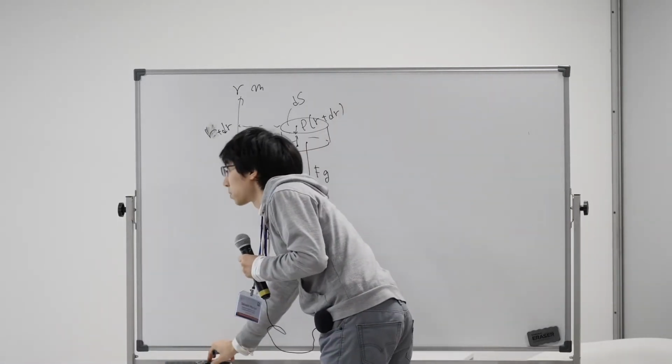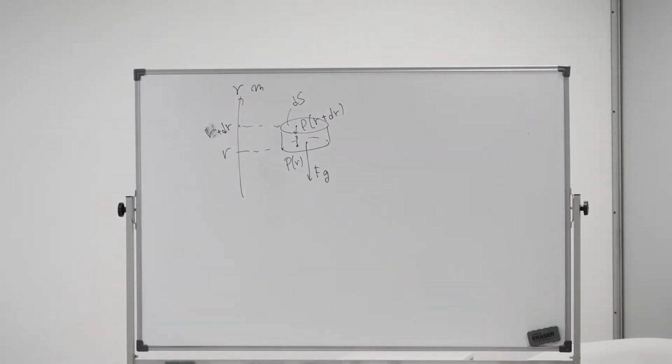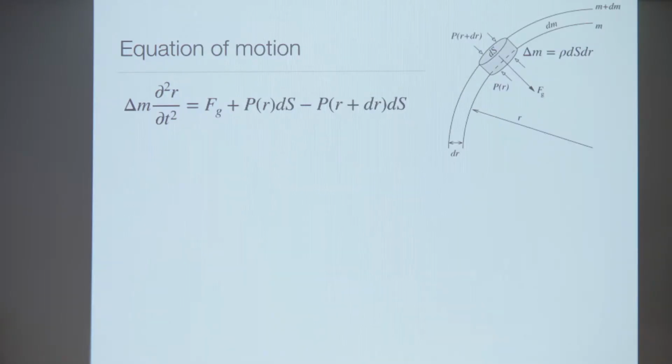So this force coming from this pressure gradient corresponds to this second and third term. Yeah, mass. I didn't say mass in this object should be dm is rho times ds. That's the surface, and then this is dr.